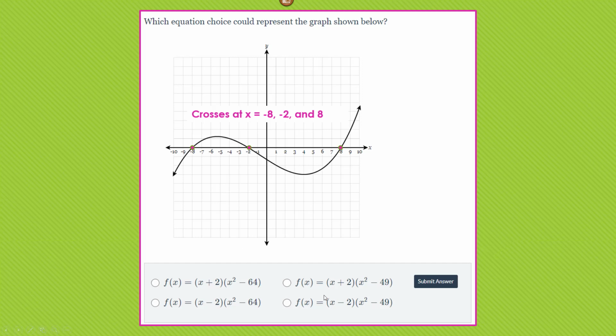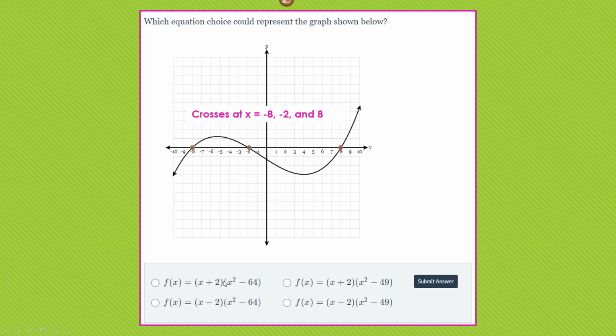All right, so looking down here at my choices, just based on the -2, it's got to be one of these first two. But where does that -8 and +8 come from?